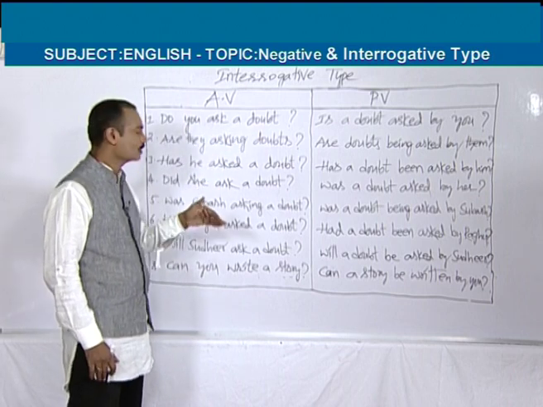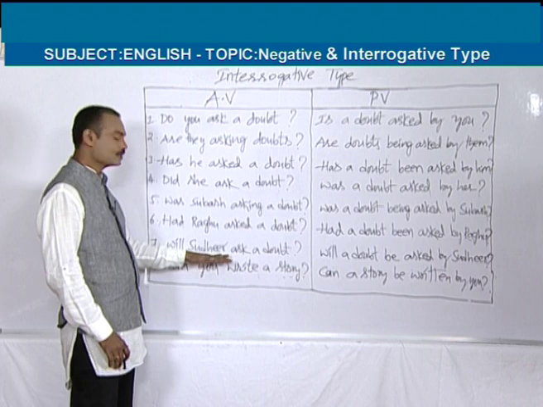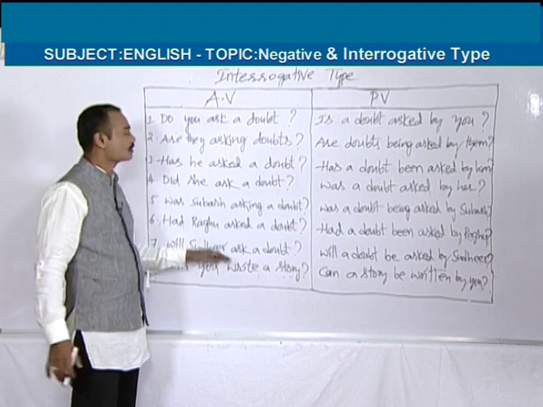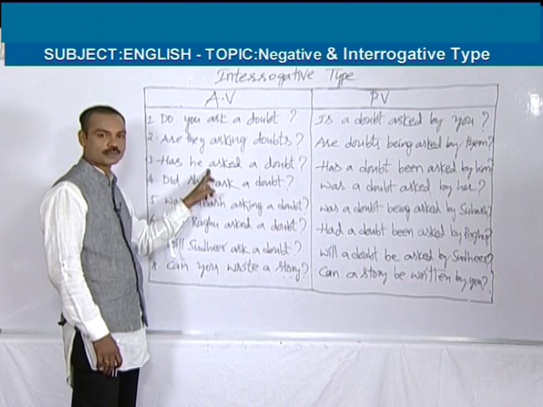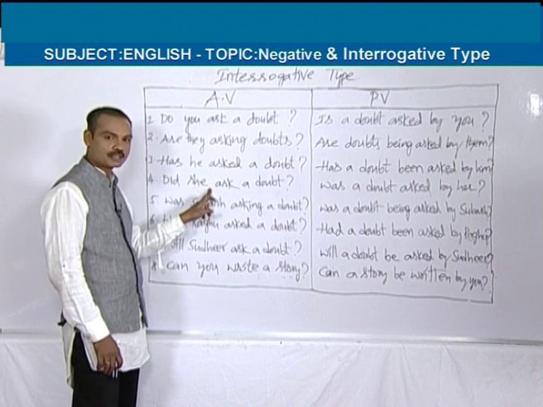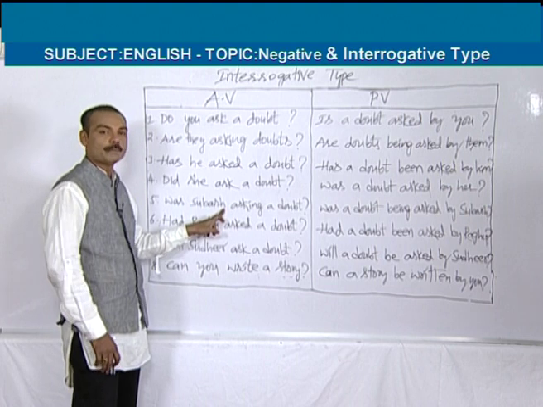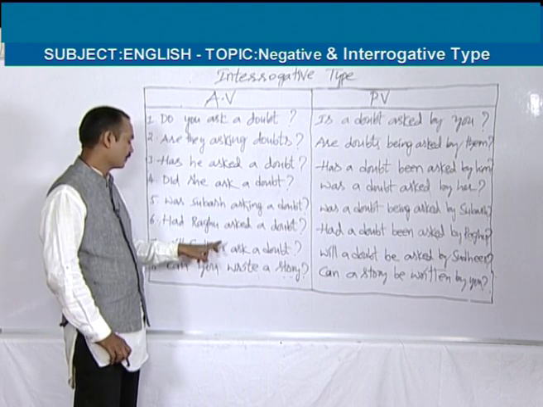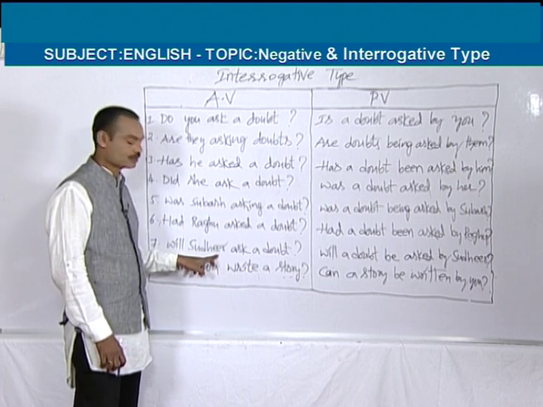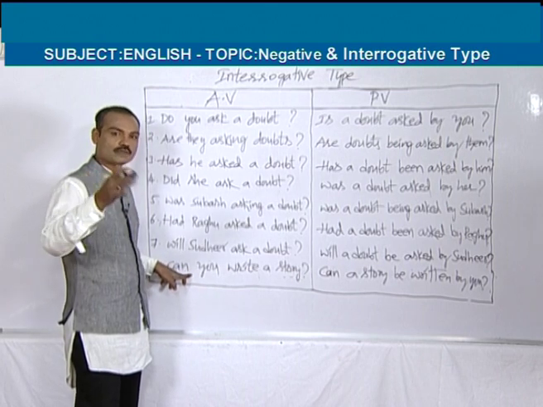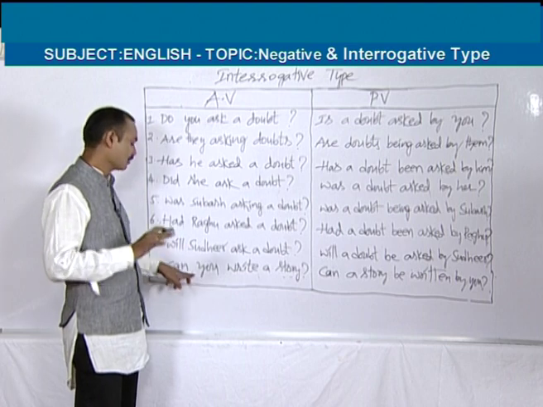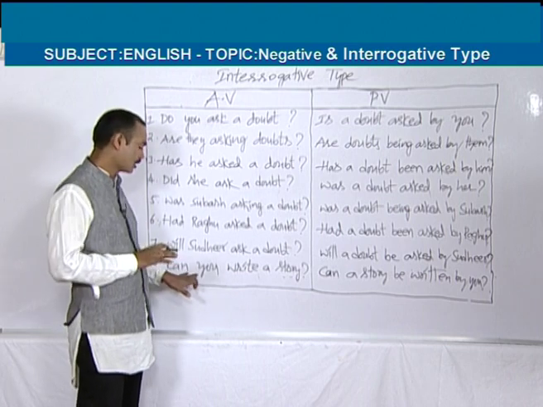Here, up to simple future, I have given tense wise. This is from simple present tense, this is from present continuous, this is from present perfect tense, this is from simple past, this is from past continuous, this is from past perfect, this is from simple future, and this is from modal verbs: can, could, shall, should, will, would, like that. The last one, modal verbs, is not a tense.